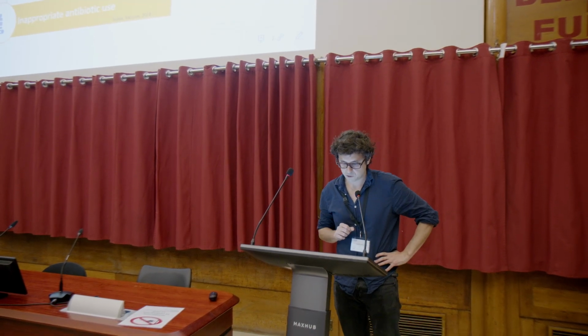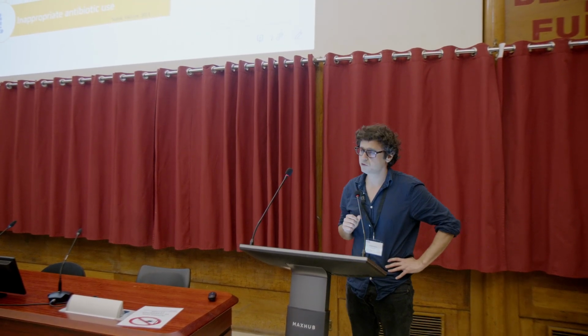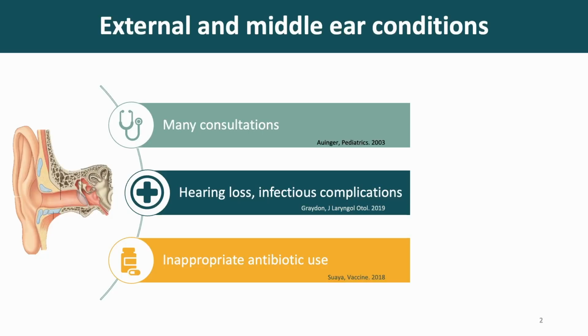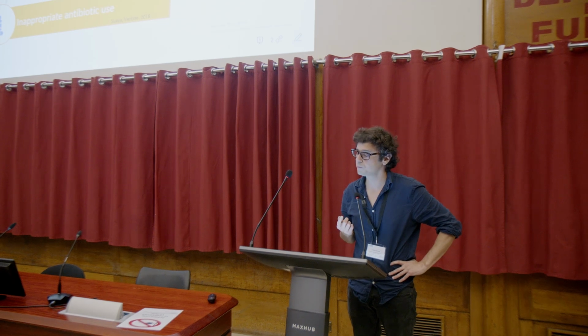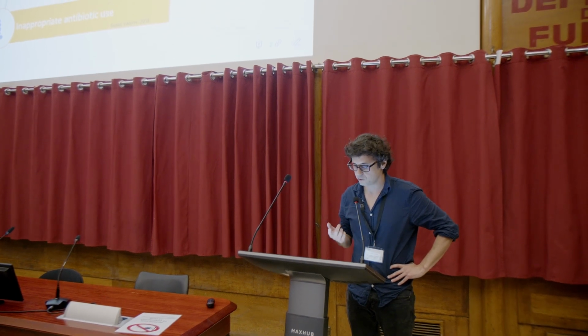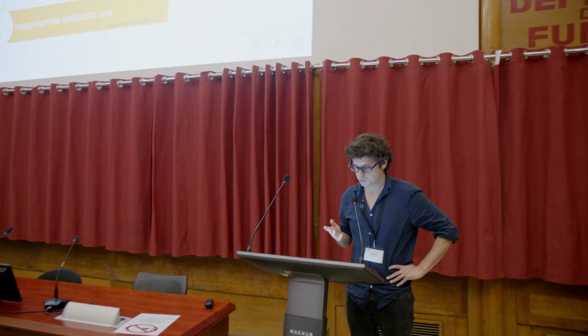So, a bit of context. External and middle ear conditions lead to many consultations, mainly in primary care. If left undiagnosed and untreated, they may lead to hearing loss and infectious complications. The main concern in children is otitis media because it is associated with inappropriate antibiotic use.